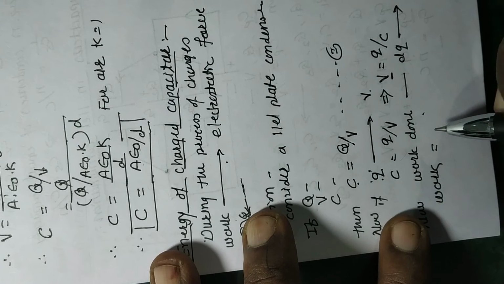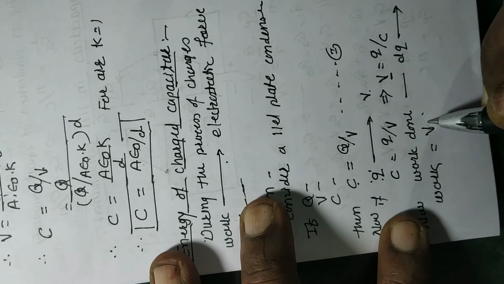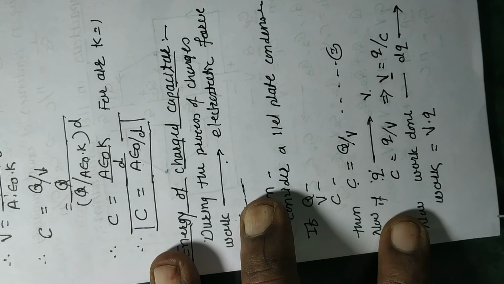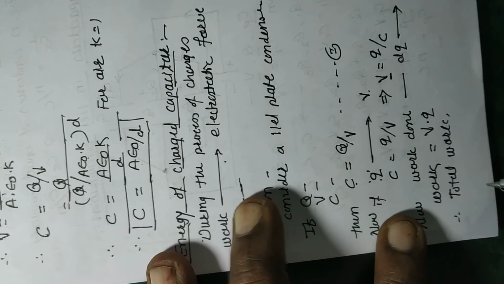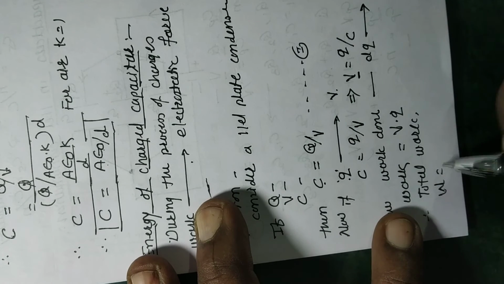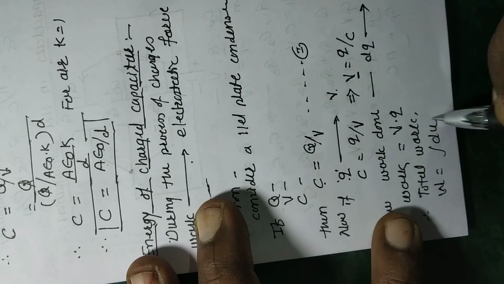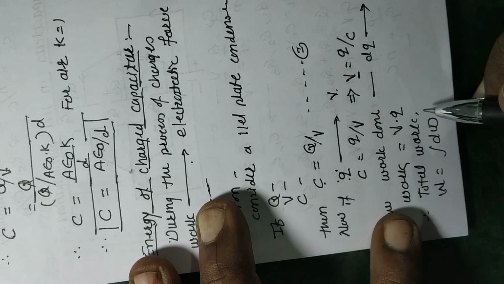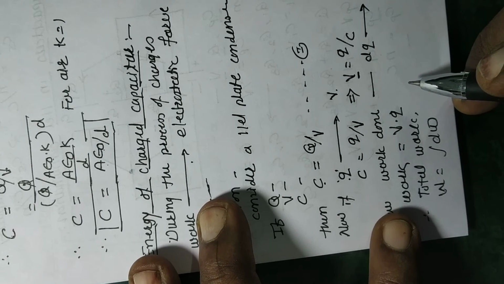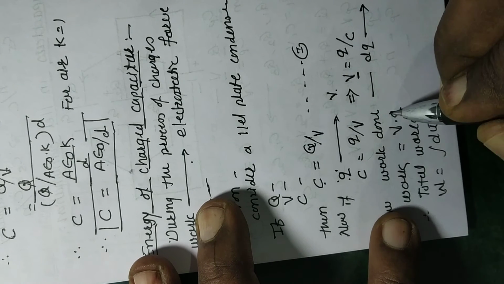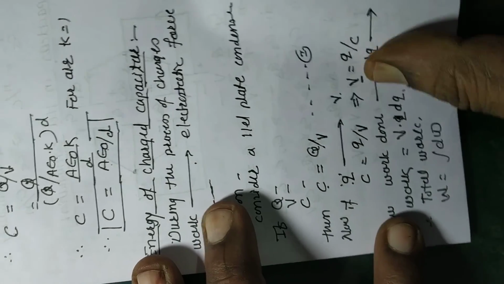That is potential into charge, and therefore total work W is equal to integration of dW for this charge dq.